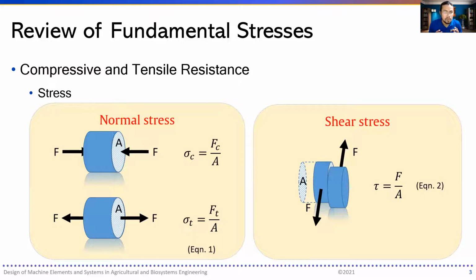To denote compressive stress, there is the force of compression, Fc, and if it's tensile, then it's Ft, F sub T. And it's with respect to the direction of the force with respect to the area. So you have a compressive force going towards the area of concern, while in tensile, it's pulling from the area. Now in shear stress, there's only one formula, and it's F over A.